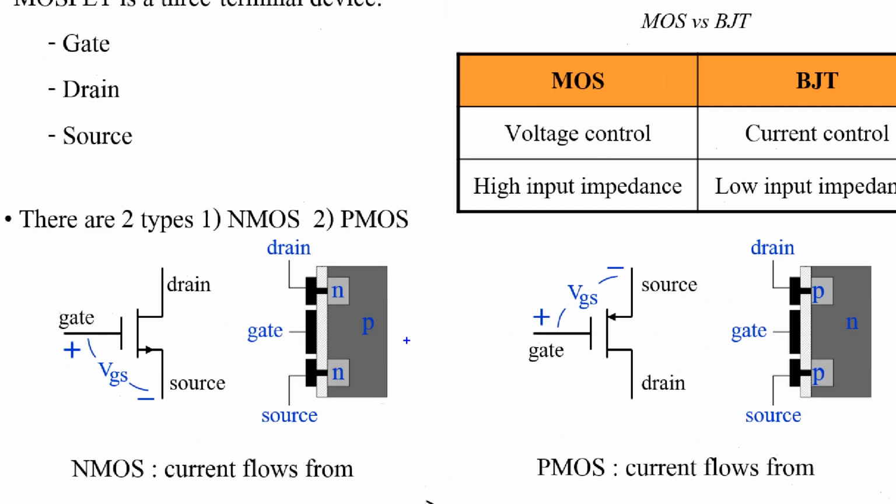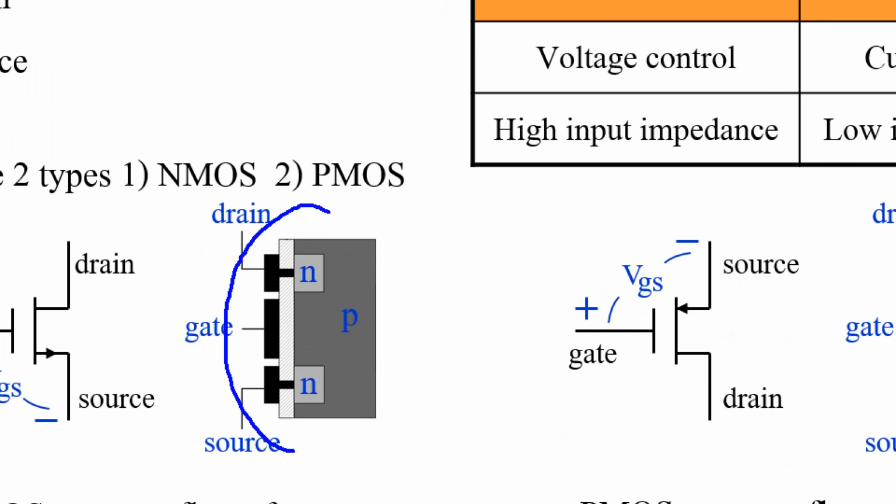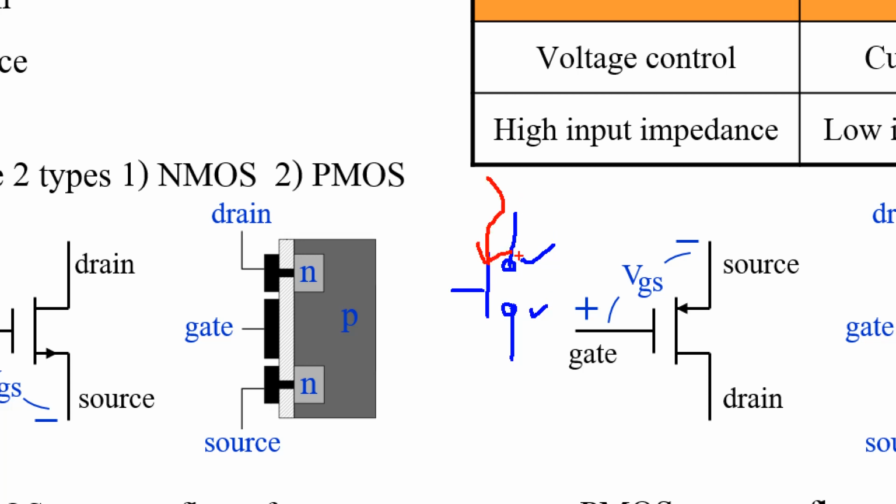Now actually you can consider this transistor as a switch. Namely, if you do nothing, this terminal and this terminal will be separated. That means the current cannot flow from this to this.